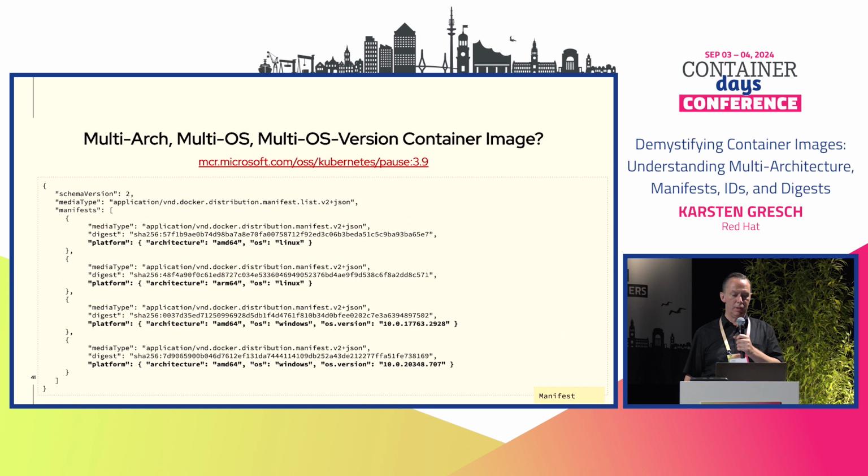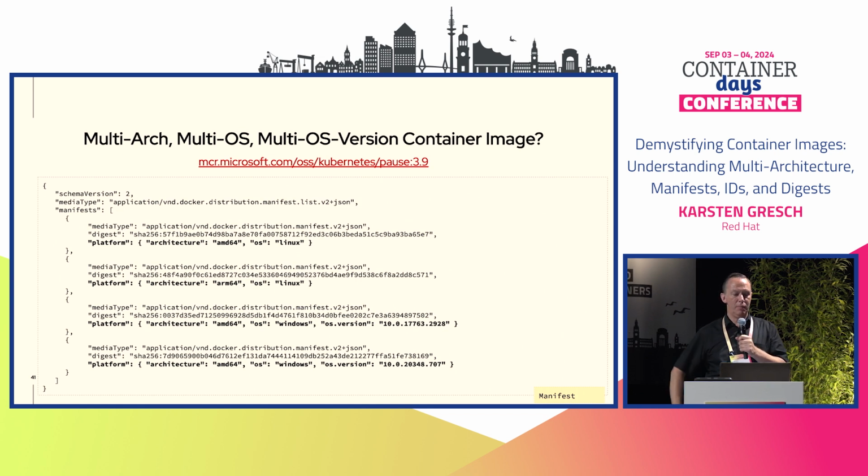One question is, you can of course have multi-arch, but can you also have multi-OS manifests? And actually, yes, you can. Here's an example of a manifest, and it's also referencing Windows versions.